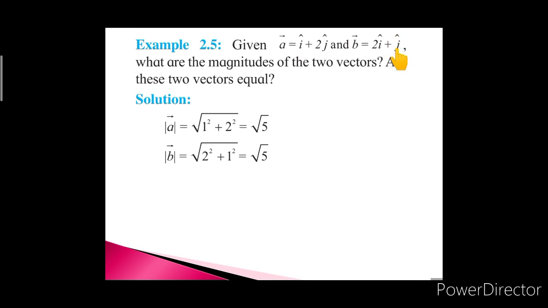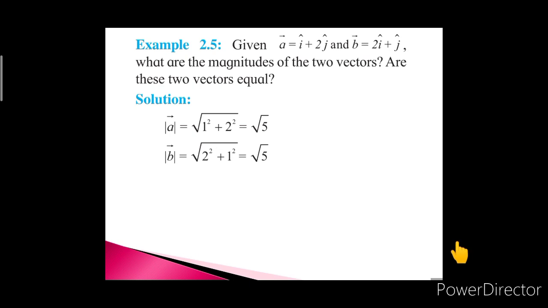Take its square, so we write 1 square. Then we solve it: 2 square is 4 and 1 square is 1, so 4 plus 1 is 5, under the square root. So we get the result of square root of 2 square plus 1 square as square root 5. So the magnitude of vector B is also square root 5.